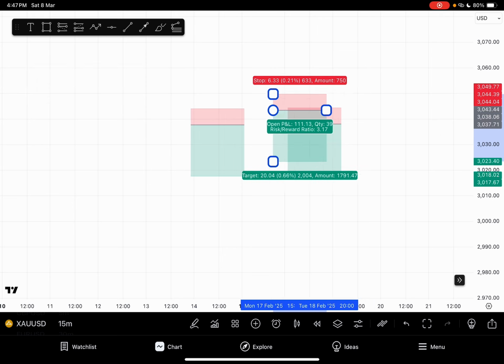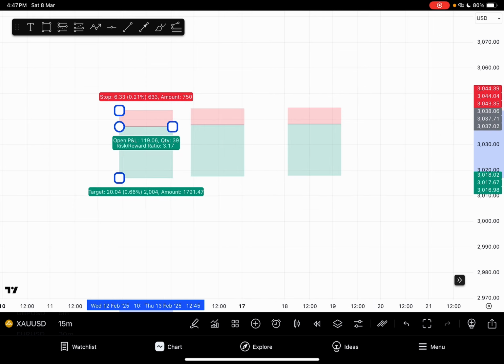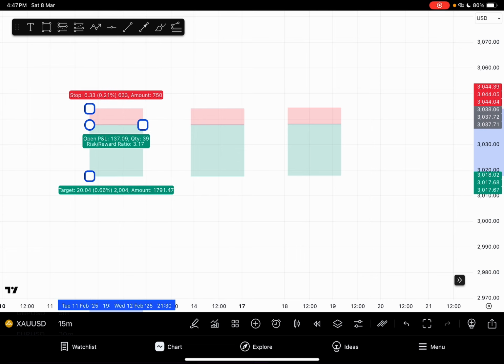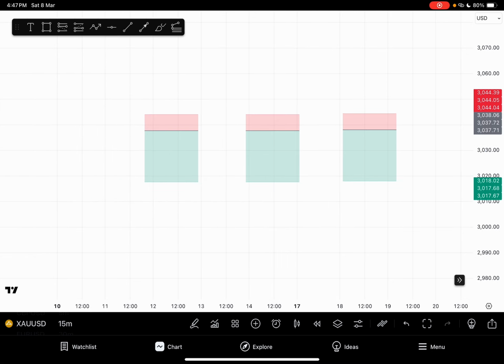Let's say these are the 3 trades. What I normally do is that if I'm taking 3 trades in a day, or I'm taking 2 trades in a day, I always use the same stop loss for each trade, and I also use the same lot size for each trade.